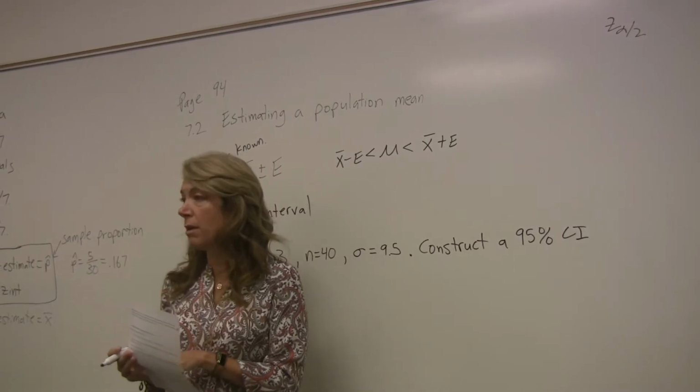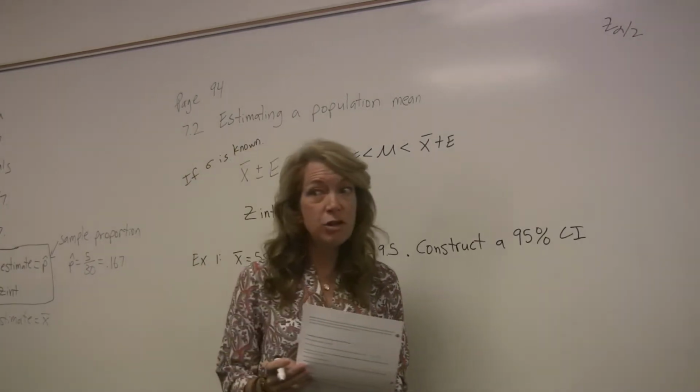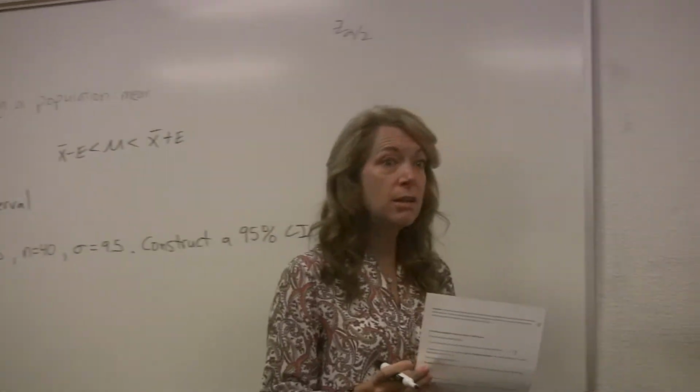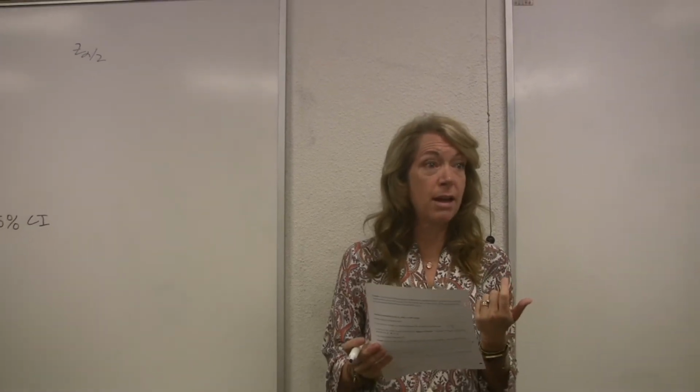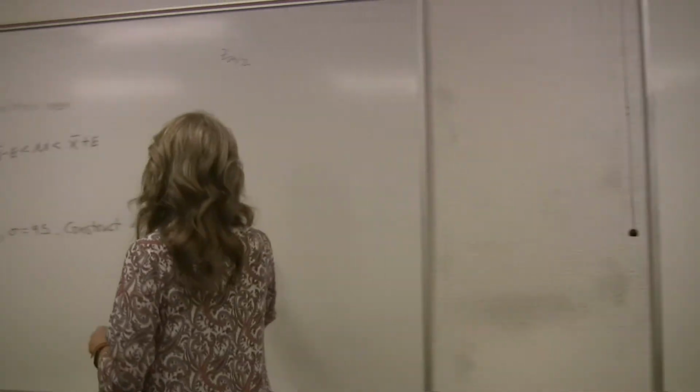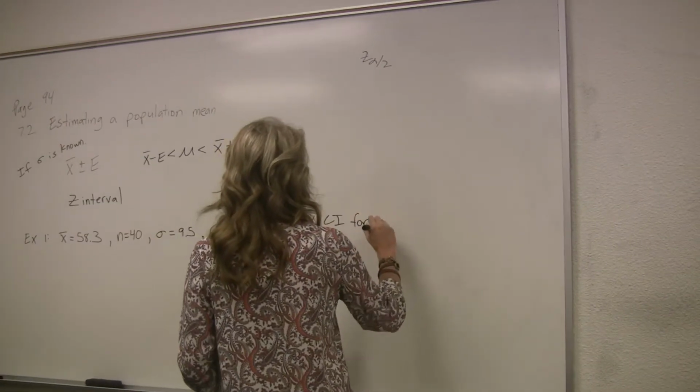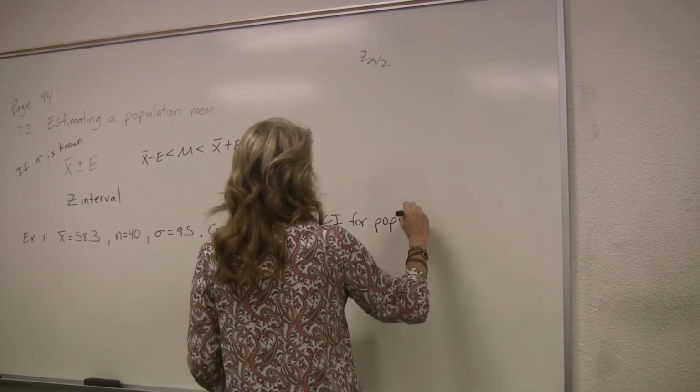Underline that part that says population mean, because the problems you just did last time said construct a 95% confidence interval for a population proportion. And the one different word changes the whole thing on how you're going to approach that. Population mean.